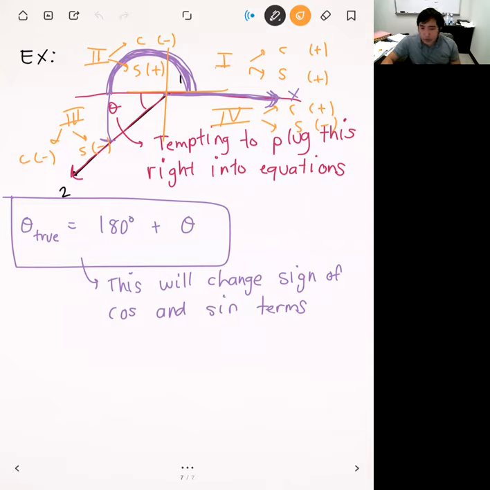let's go ahead and jump into an example problem. This example problem will be coming from the homework, and it's going to be the one that is unsolvable. I think that's problem 3B.